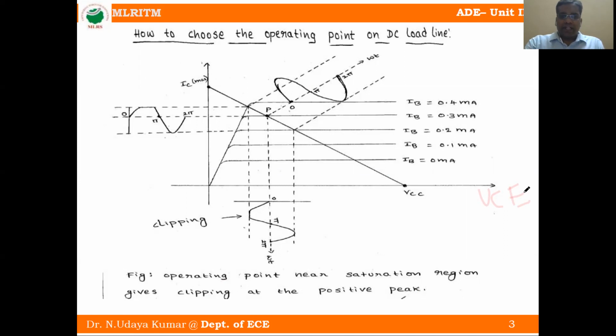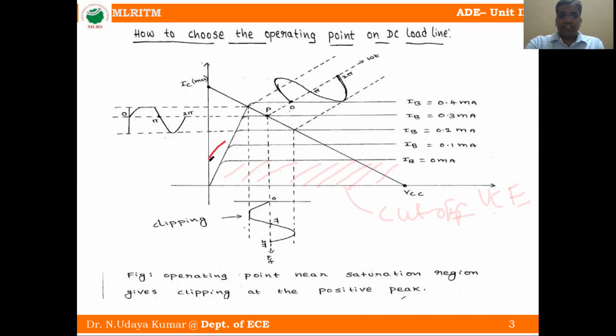The region below 0 milliamperes is called the cutoff region. That means the transistor is in the off position, so both junctions are reverse biased.